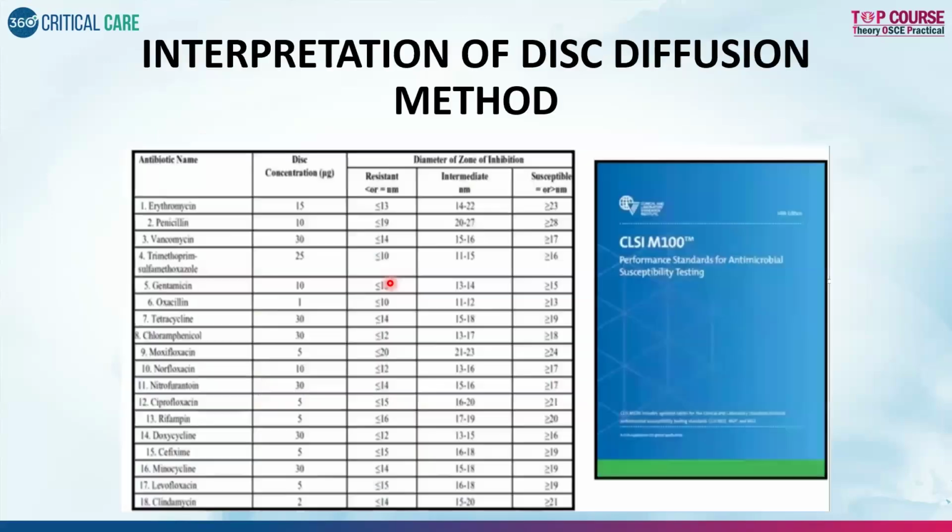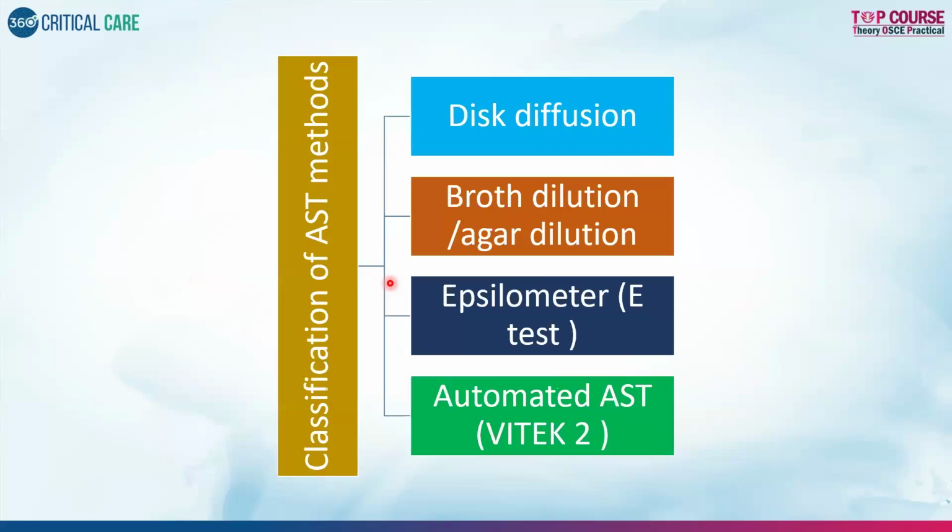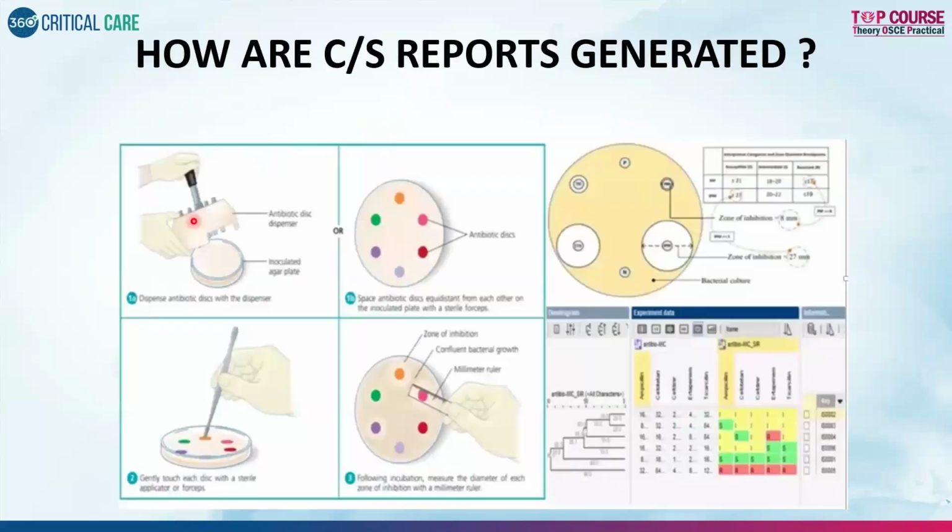In the disc, on the contrary, there will be a predetermined dose of antibiotic in that particular disc. What they take from the dispenser has that predetermined concentration, and based on that concentration, they check whether there was antimicrobial activity or a zone of clearance.